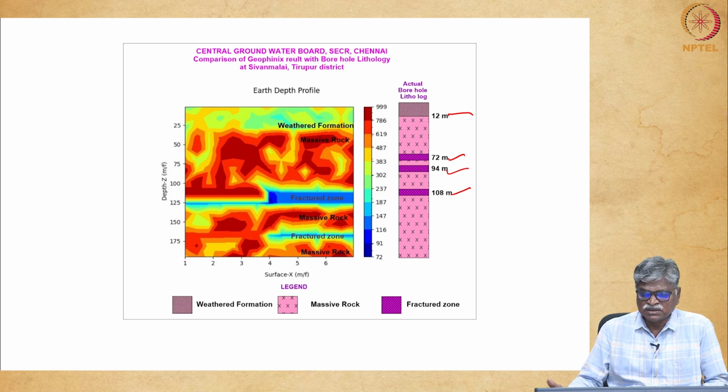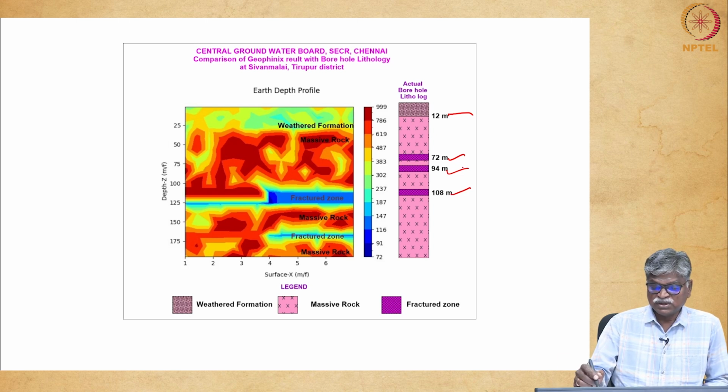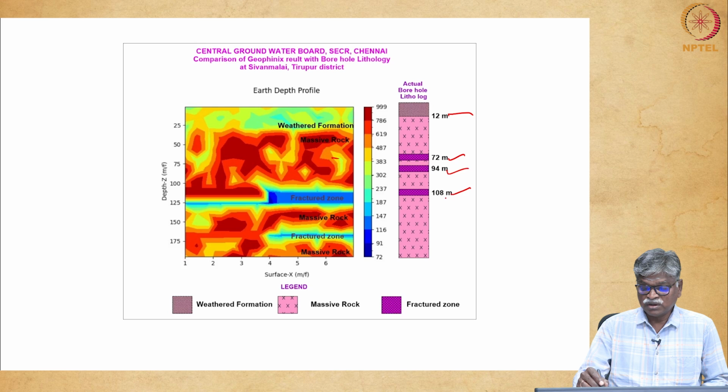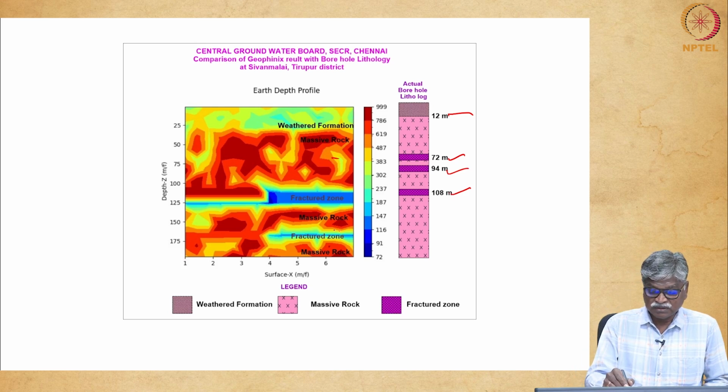Afterwards, three sets of fracture we got: one fracture around 72 meters, another at 94 meter, and 108 also. They drilled up to 200 meter, and it is also a very good yield. In Tirupur district, around 3 LPS they got.